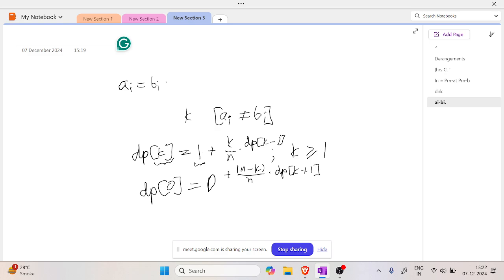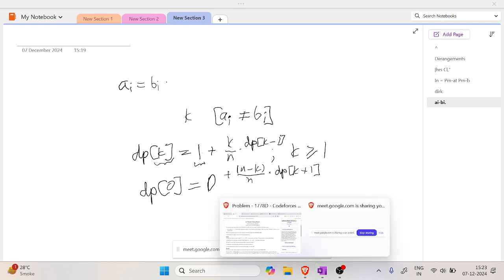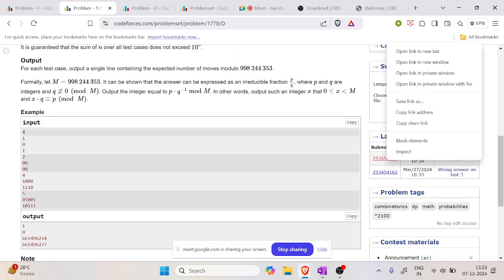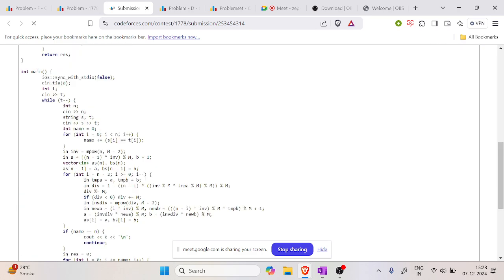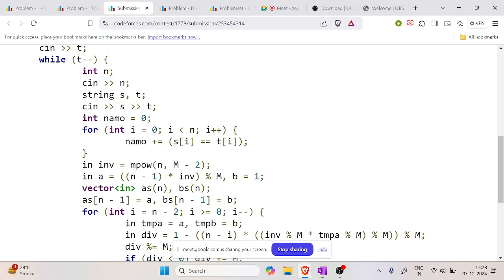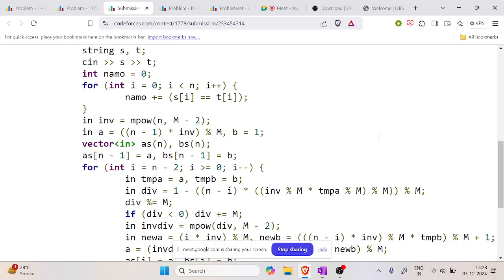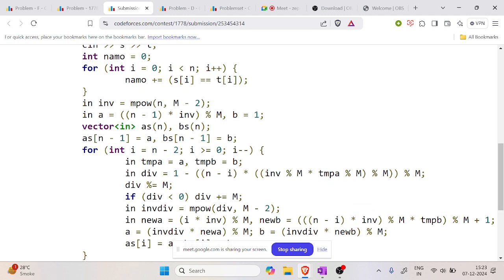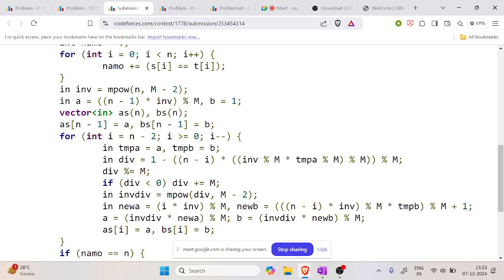So now this is not too bad to solve actually. I will just tell you my code, what I did. In my code I have used the number of matches instead of the number of mismatches, but it's pretty much the same thing.